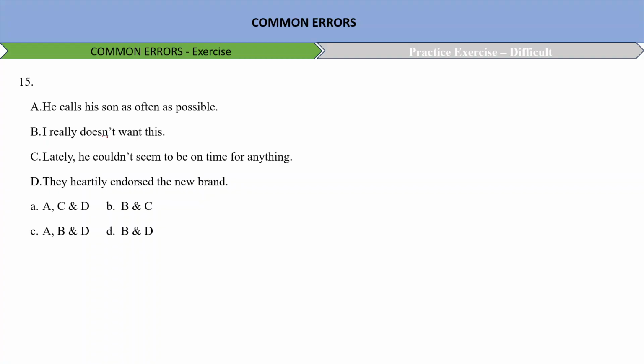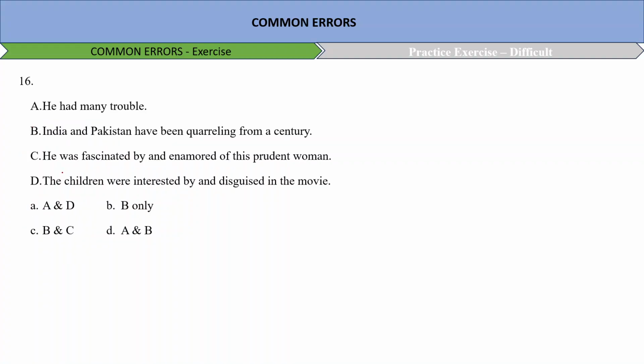So I really don't want this is the only inappropriate sentence, whereas the correct answers are A, C, and D. Option A is the correct answer. Next question.